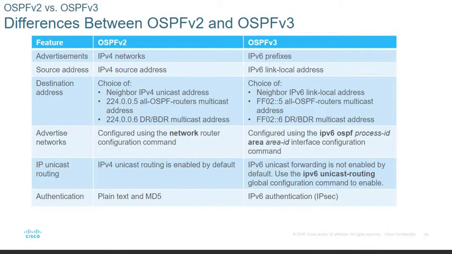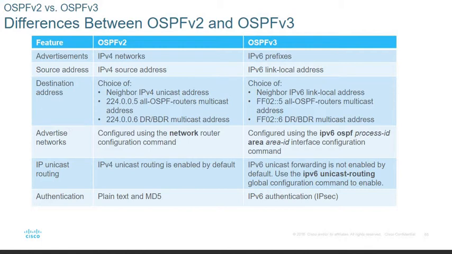OSPFv2 versus OSPFv3. Differences between OSPFv2 and OSPFv3. Feature: advertisement. OSPFv2 advertises IPv4 network prefixes; OSPFv3 advertises IPv6 prefixes. Source address: OSPFv2 uses an IPv4 source address; OSPFv3 uses an IPv6 link-local address.